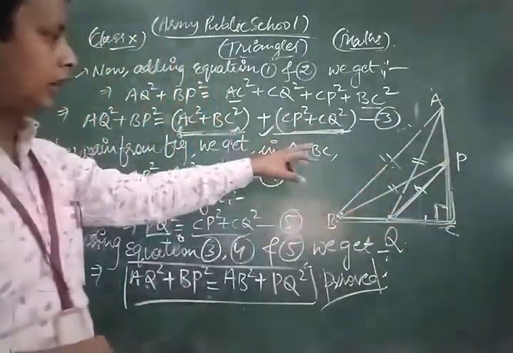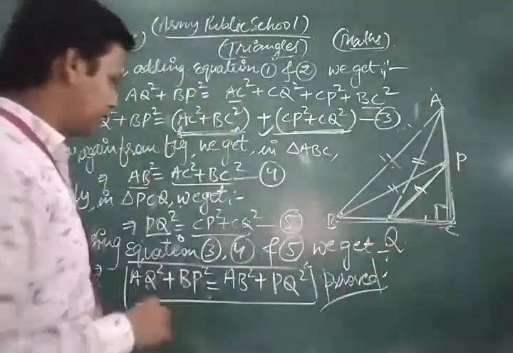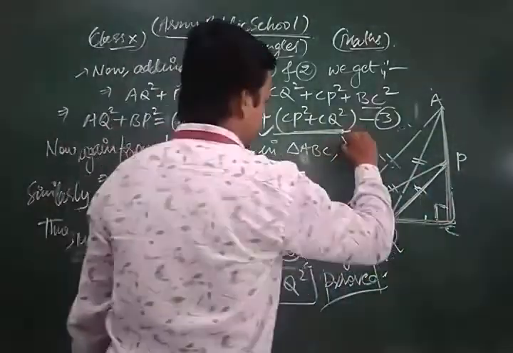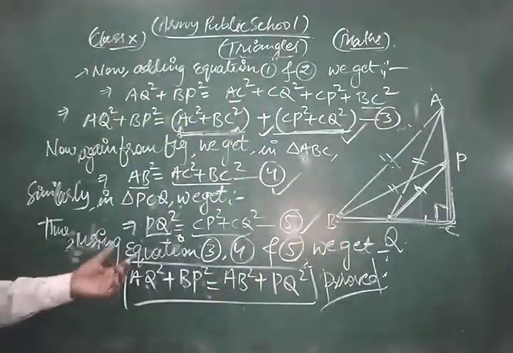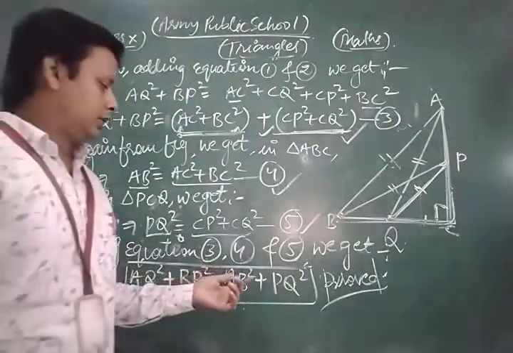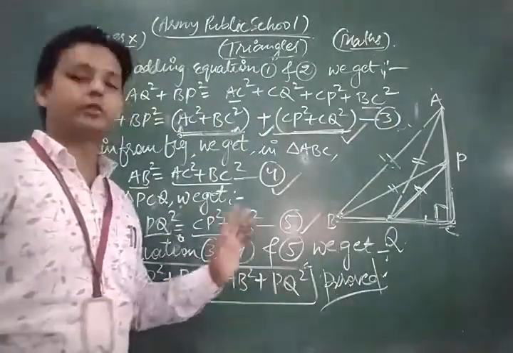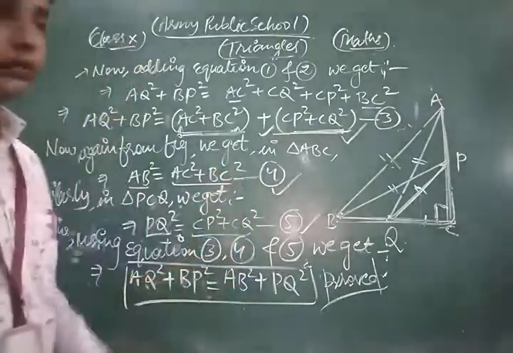And then we take triangle PCQ, from there we get this relation. So now using equations 3, 4 and 5, we have AQ square plus BP square is equal to AB square plus PQ square. Hence proved. So dear students, this is the process to solve that type of question.